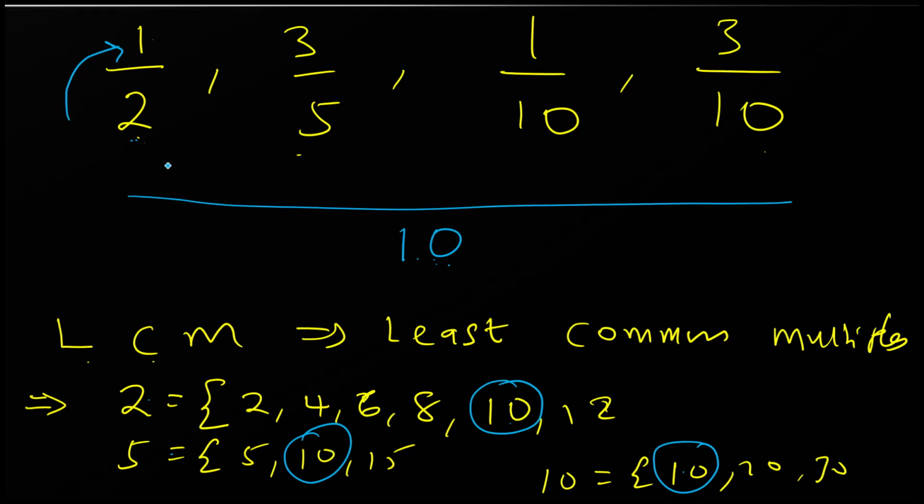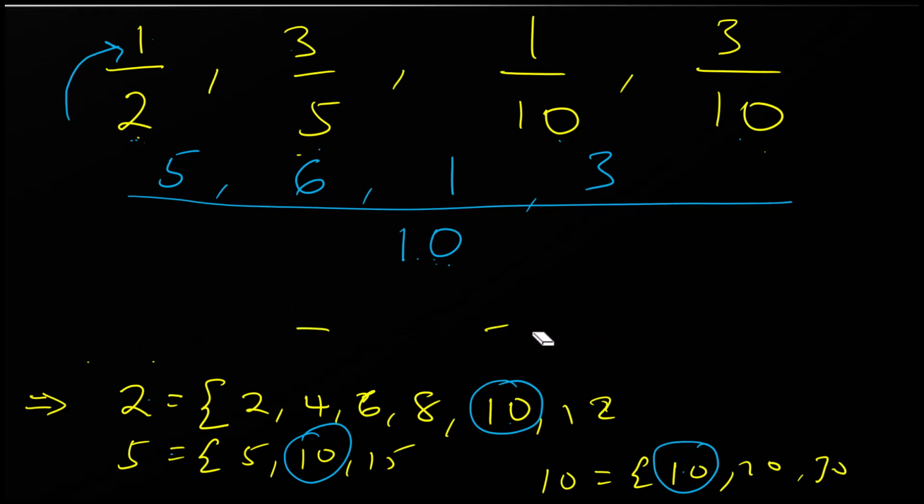So 5 times 1 is 5. 5 into 10 is 2. 2 times 3 is 6. 10 into 10 is 1. 1 times 1 is 1. 10 into 10 is 1. 1 times 3 is 3. So we have 5, 6, 1, and 3.